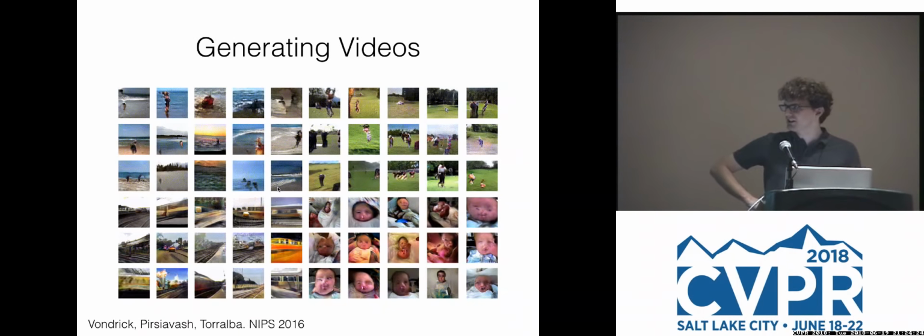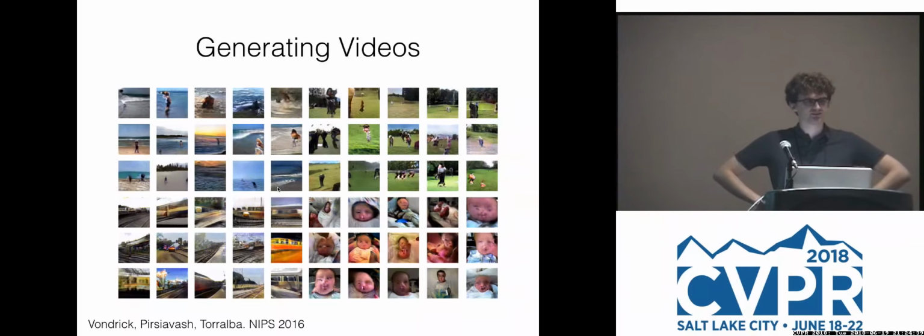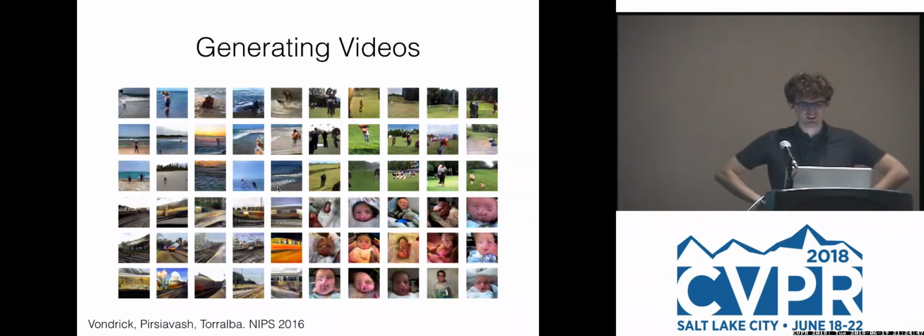I want to draw an analogy to some work that we did a long time ago now, which was trying to generate videos with GANs. And I guess that's the reason why I'm here, so I have to show this slide. Here, what we were trying to do was learn models to generate video, either from noise or conditioned on the past to predict videos into the future.